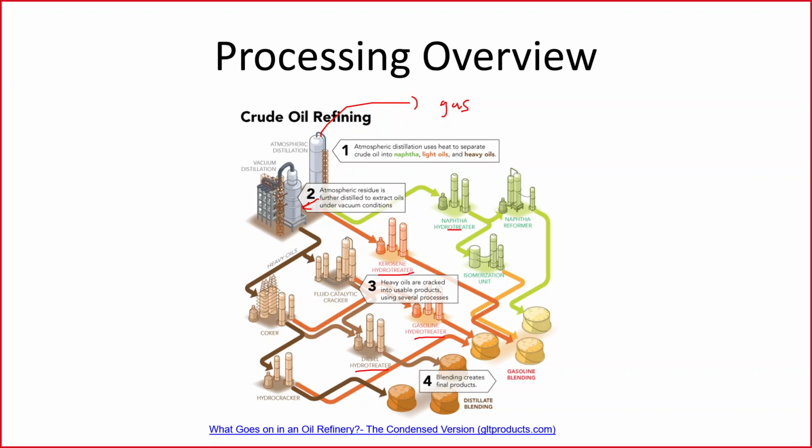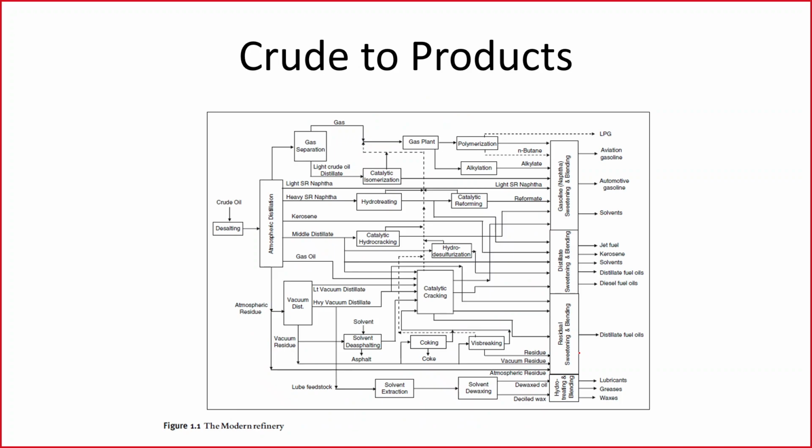And then all of these products go to many tanks, so that after the tanks they can be blended to meet specific requirements or characteristics that the markets, governments or regulations need. Okay, so this is in a nutshell, in a block diagram, what they call a modern refinery.